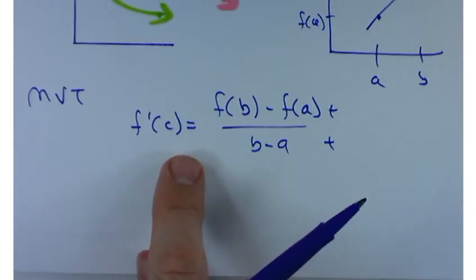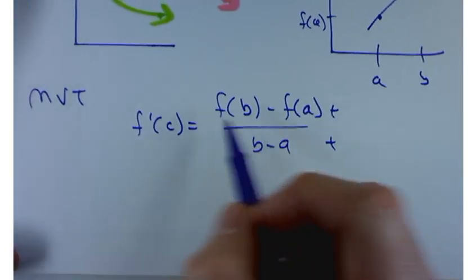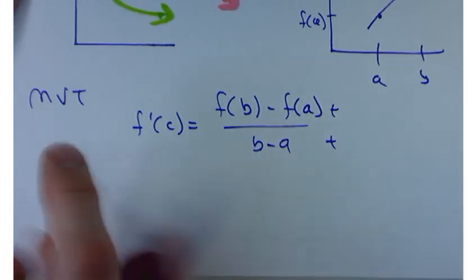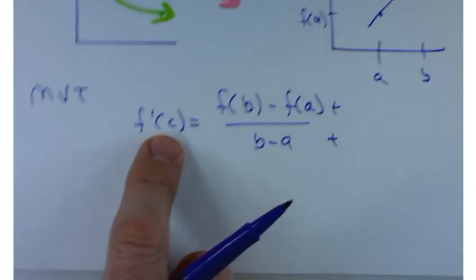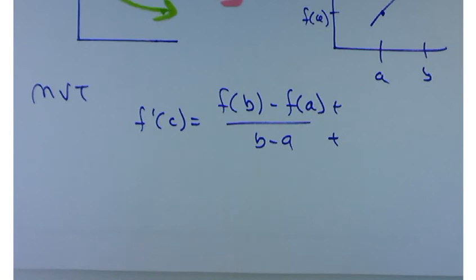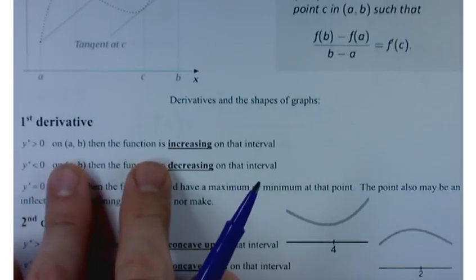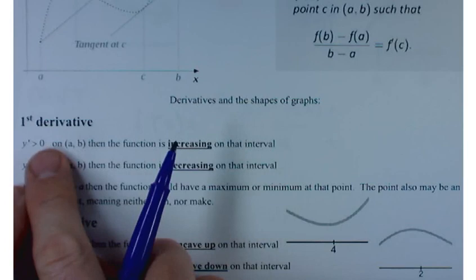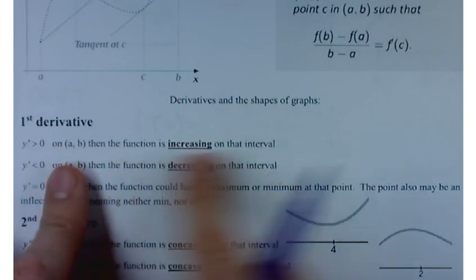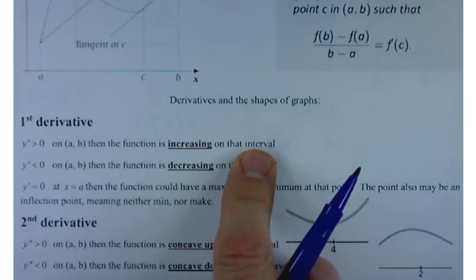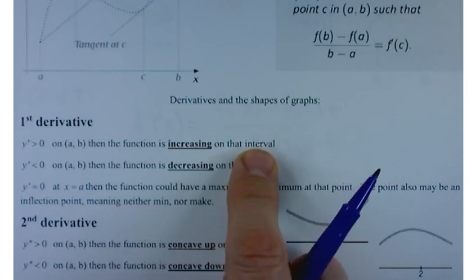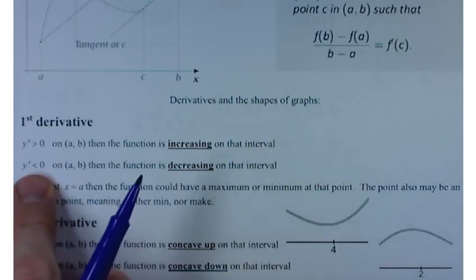And essentially what this is saying is that if you have an increasing function, then the first derivative is going to be positive over that interval where the function's increasing. Now that's on your handout. It's on your little summary here. If y prime is greater than 0 on an interval, then the function is increasing on that interval. That's cool to know. That's handy to know. So to figure out what happens with a function, we can just look at its derivative.